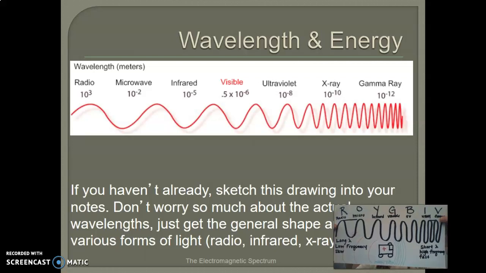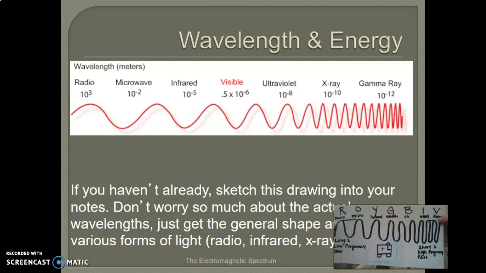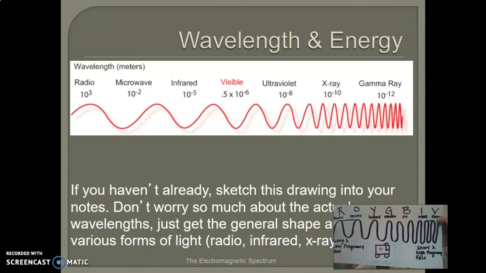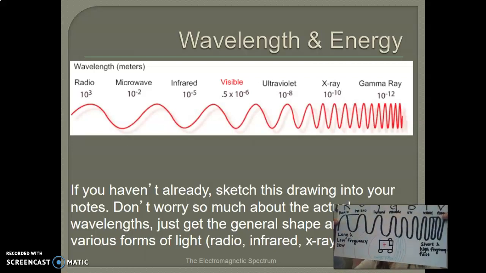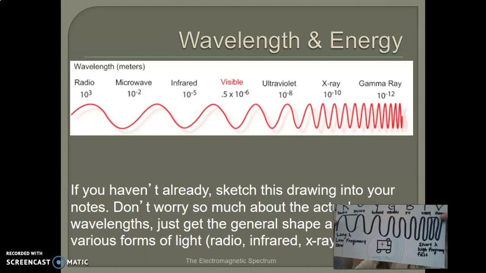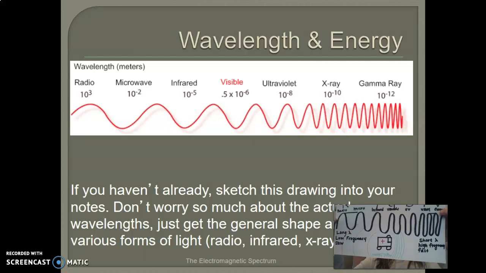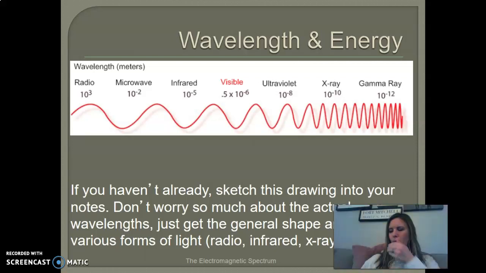Make sure that you have R associated with red, radio waves, O orange, microwave, yellow infrared, G for visible, B for UV, I for indigo, and V for violet with our gamma rays. And then also at the bottom: long wavelengths, low frequency, slow waves; short wavelength, high frequency, fast. So pause the video there if you need to.